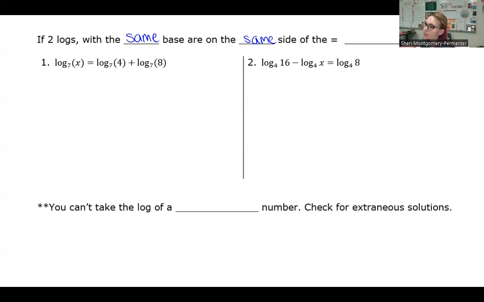And that's what goes in the blank. When we have 2 logs, they're on the same side, we will condense them. So 2 logs with the same base on the same side. So that is where we're going to take them and put them together.